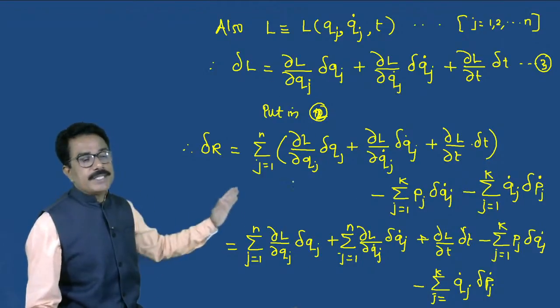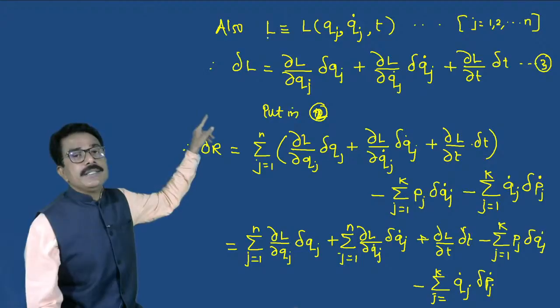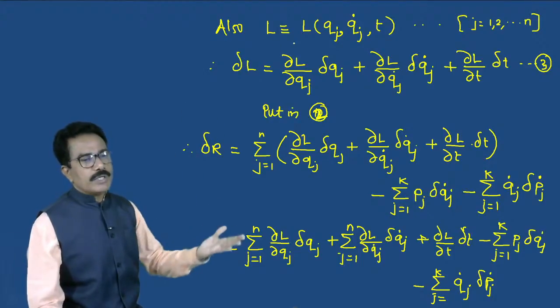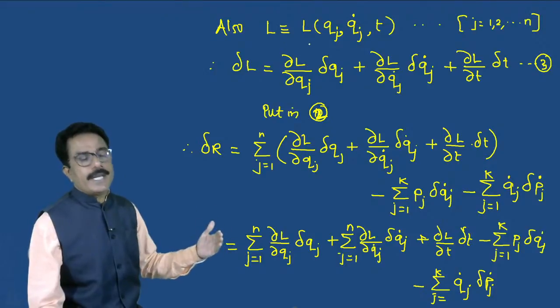Now separate this summation, because in the Lagrangian j is equal to 1 to n.